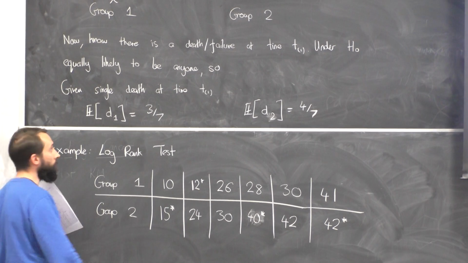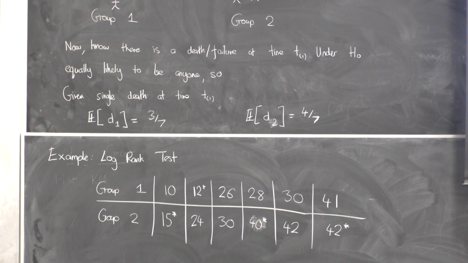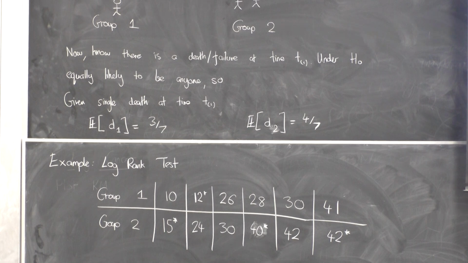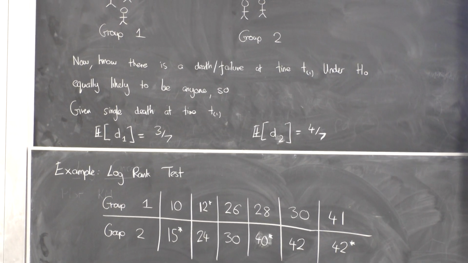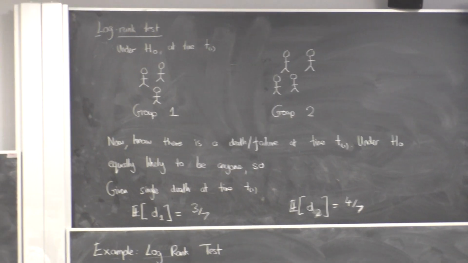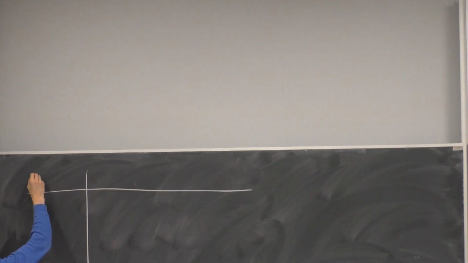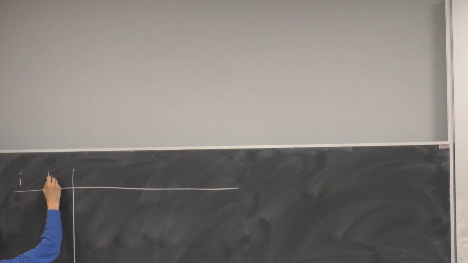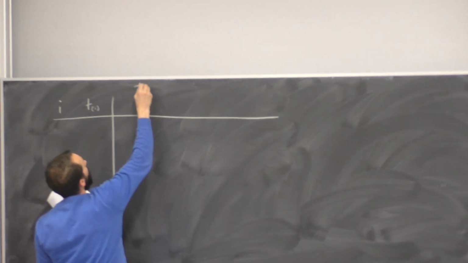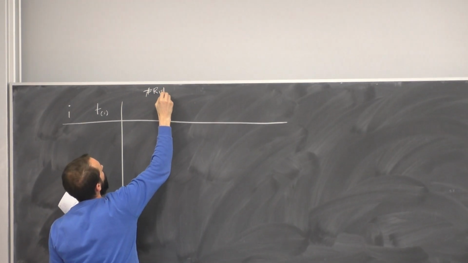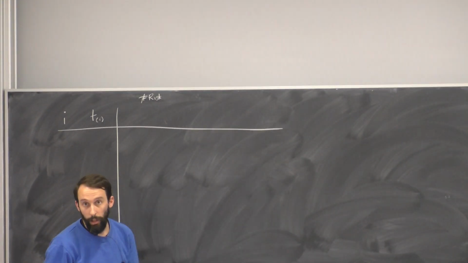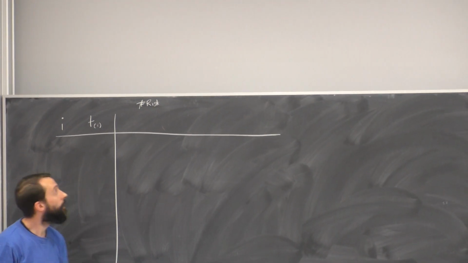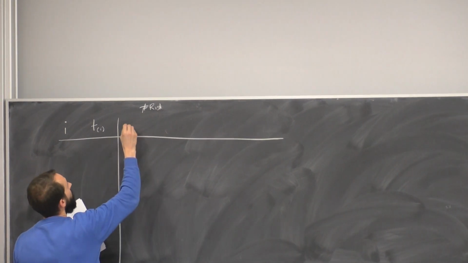Then we're going to try and apply this idea. We're going to create a table based upon that, which lists the failure events, their times, the number of people who are at risk in each group. So the number of people who could have failed, who were still under study and hadn't failed yet.